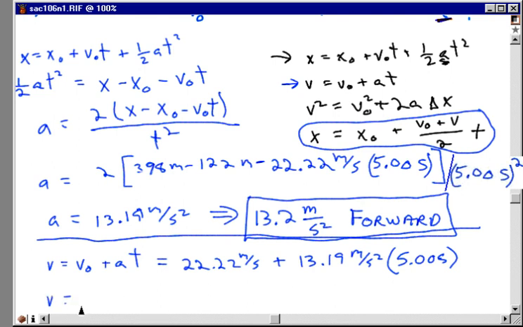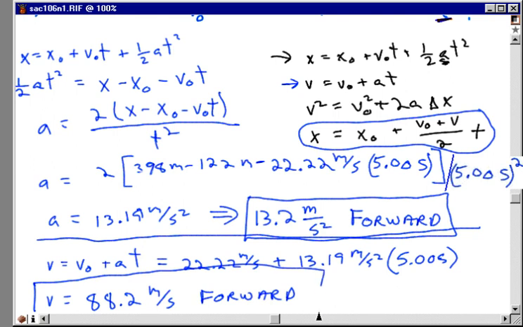And I get v is equal to 88.2 rounded to 3 sig figs meters per second. Came out to be a positive value, which means forward, in the positive x direction. And that does it for SAC 106, problem number 1.